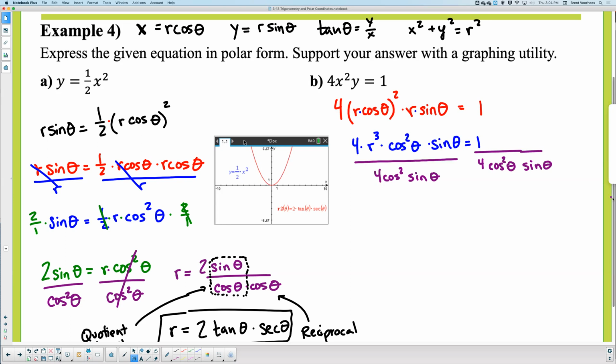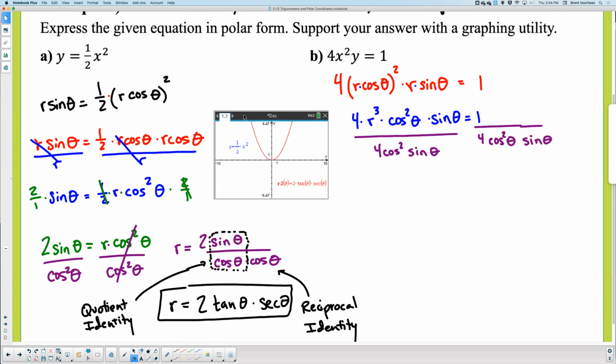So what's that do for me here? Cosine squares get simplified, sine squares get simplified. So I now have r cubed equals 1/4. Now, dividing by a cosine, if you think about it this way, is a secant. Now, because it's squared, it becomes a secant squared.